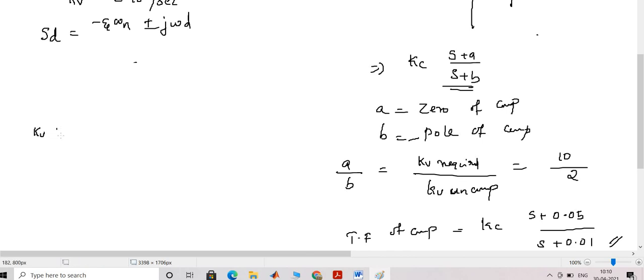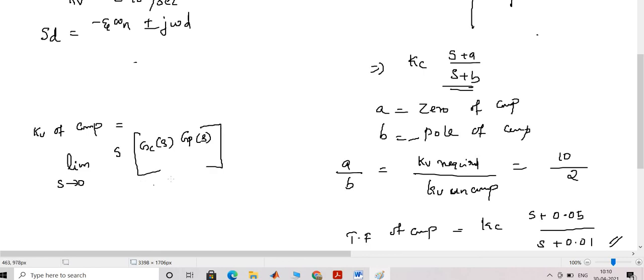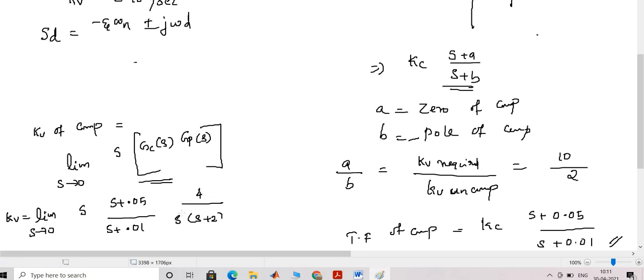Kv of compensated system is equal to limit s tends to 0 of s into GC of S into GP of S. Now our open loop system with the compensator is GC of S into GP of S, so Kv is equal to S into S plus 0.05 divided by S plus 0.01 into 4 divided by S into S plus 2.